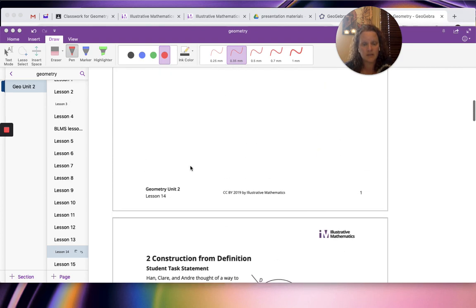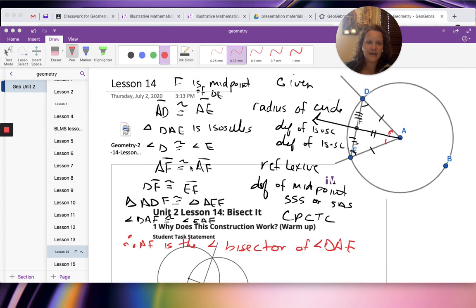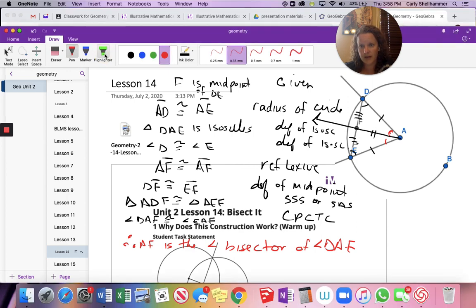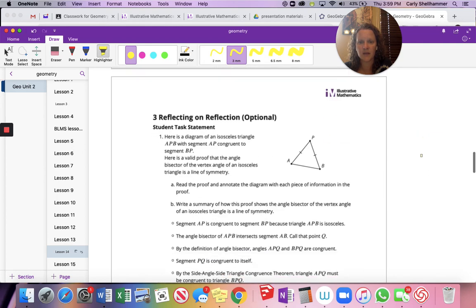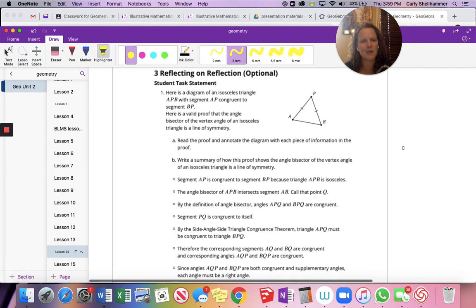Let's go up here because we have an isosceles triangle with an angle bisector. Just to talk about that second part, it's saying that this is a line of symmetry, which is very true because it cuts. I've got this triangle right here, which is congruent to this one, and it's a complete reflection. Okay, I could actually reflect it over segment AF, and all of the vertices coincide. All right, so I'm not going to write that summary, but I do want to annotate this diagram. That just means we're going to mark it up.